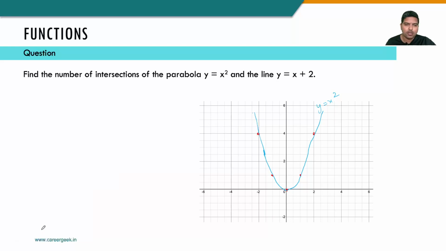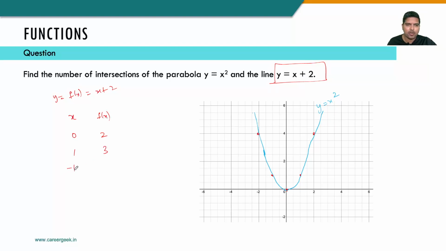Now we'll draw this line. How do we draw the line? You can either take some points of x and find the relevant points of y. Like when x is 0, y, or f of x, is 2. When x is 1, f of x is 3.